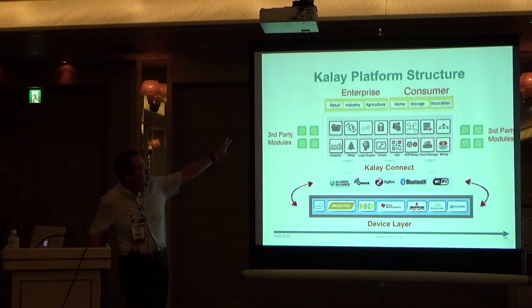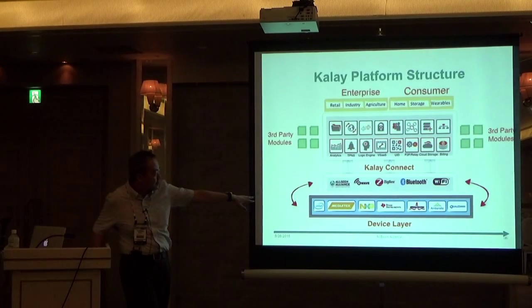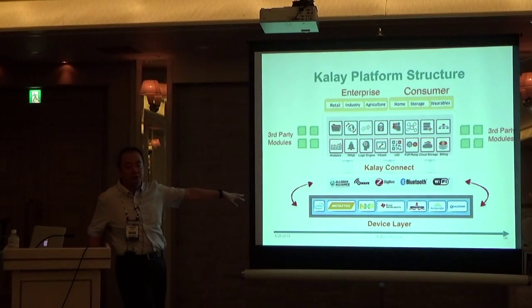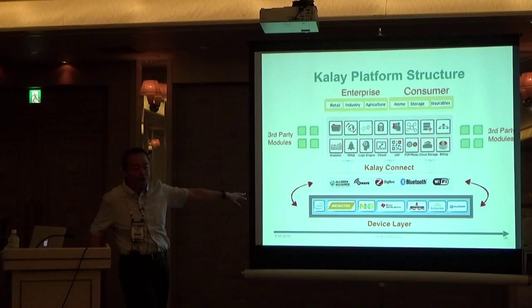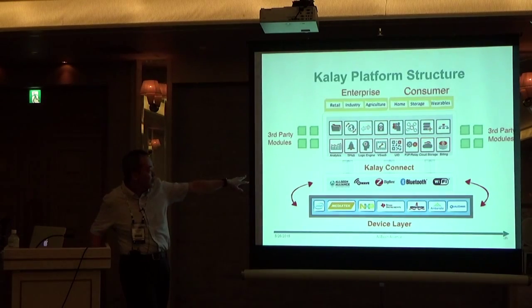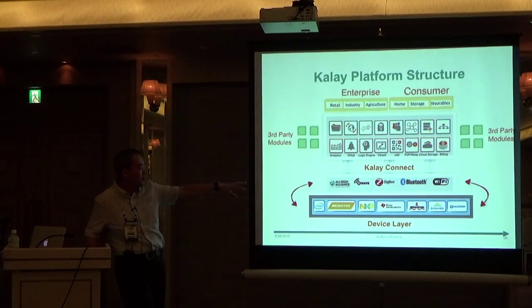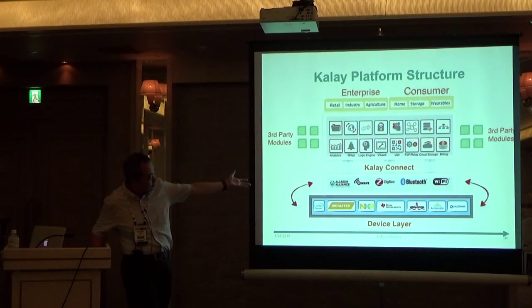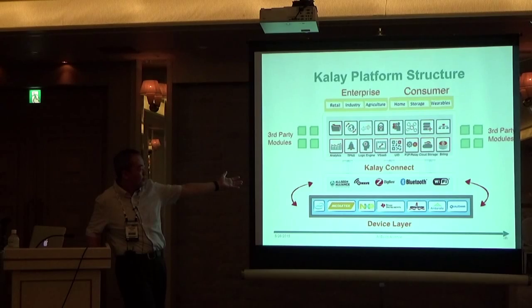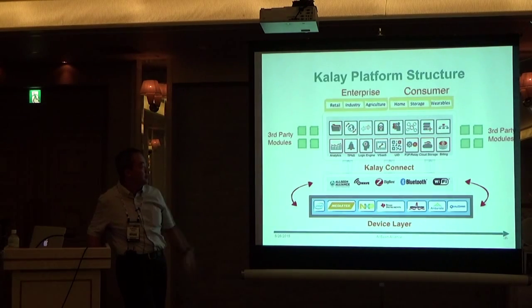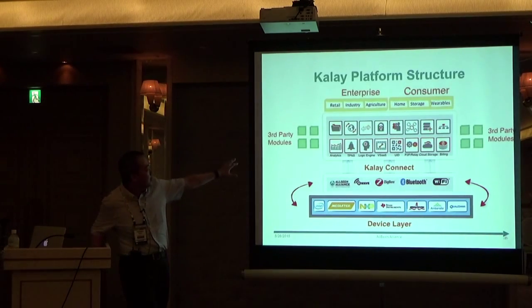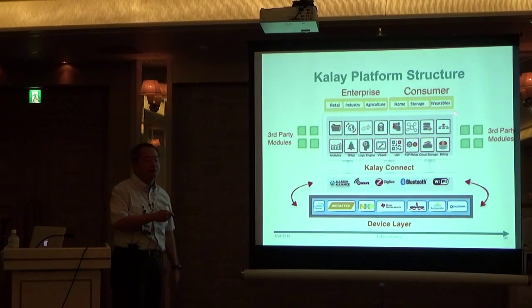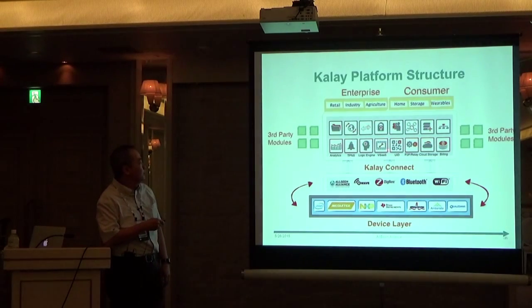And this is also a structured overview of our platform. For the device layer, we work with a lot of different SoC chip manufacturers or solution providers. For connectivity, we support all kinds of different connections, including the AllJoyn framework, and also ZigBee, Z-Wave, etc. Then for the cloud service, we provide several different components.